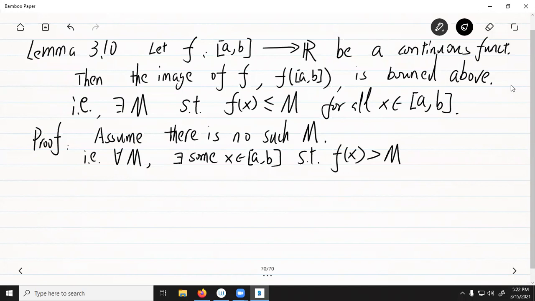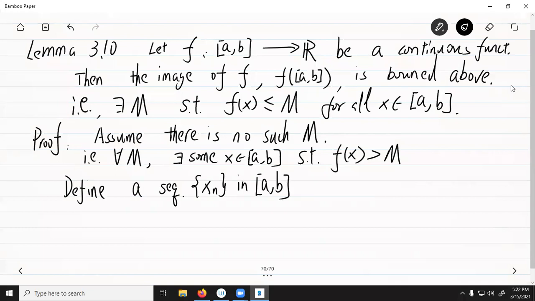Okay, so now using this information, let's define a sequence x_n in [a, b] such that f of x_n is greater than or equal to n.